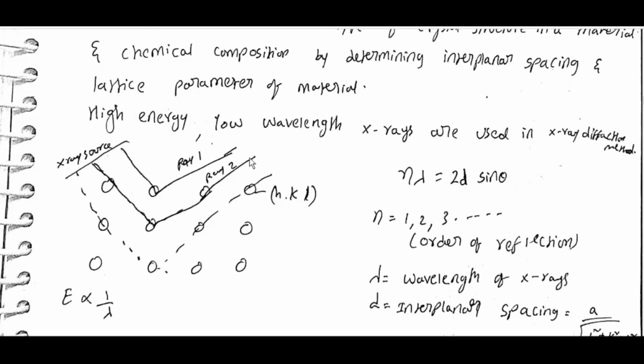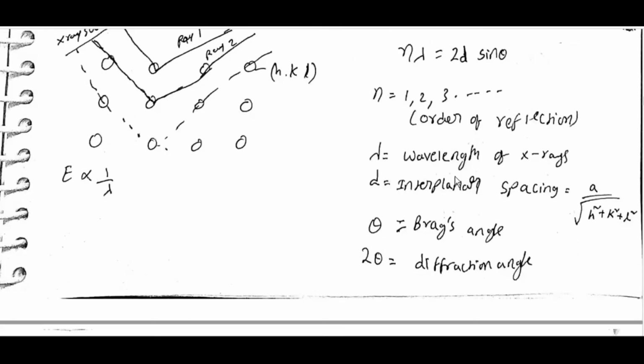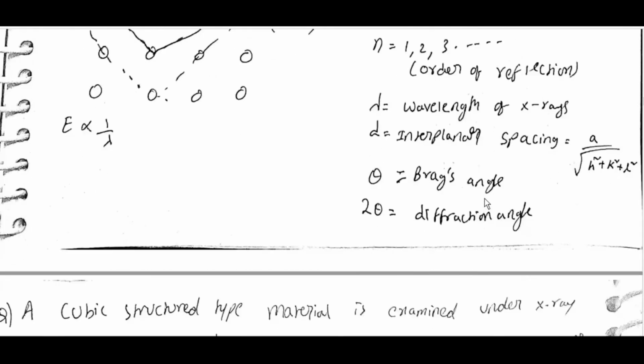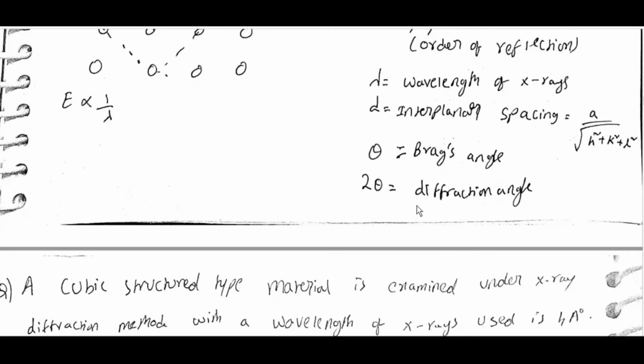X-ray source, ray 1 or ray 2, hkl. E is inversely proportional to lambda. n is equal to 1, 2, 3, the order of reflection. Lambda is the wavelength of X-rays. d is the interplanar spacing, equal to a by root of h square plus k square plus l square. Theta is the Bragg's angle. 2 theta is the diffraction angle.